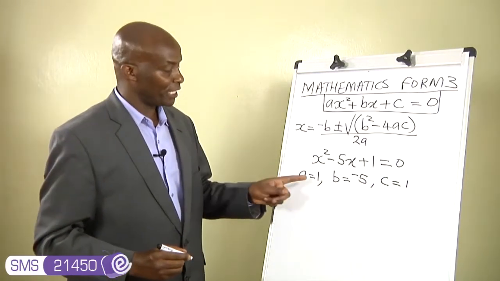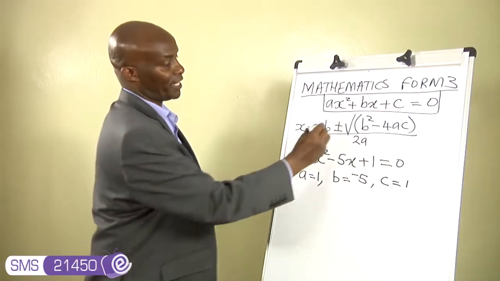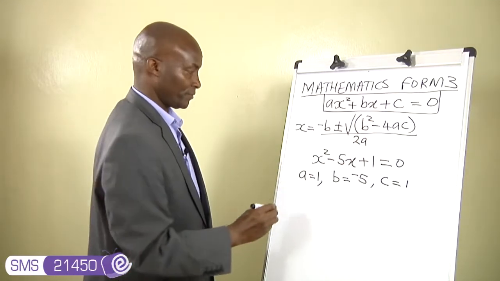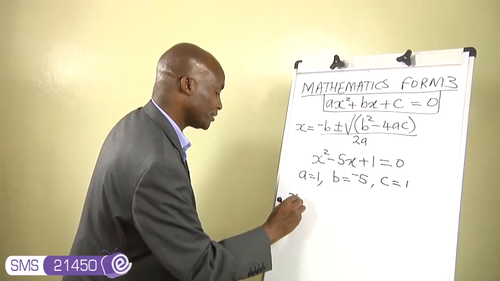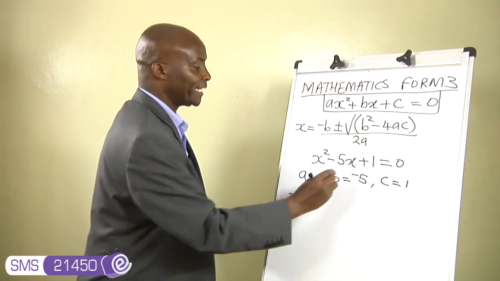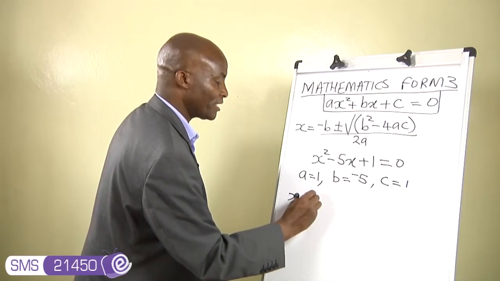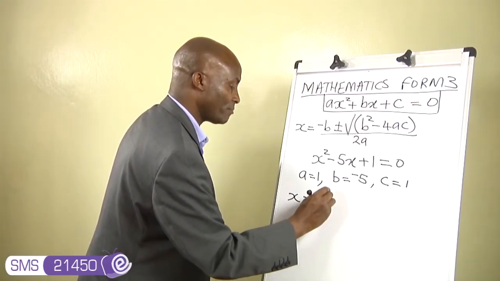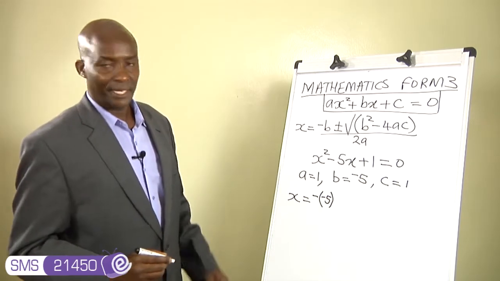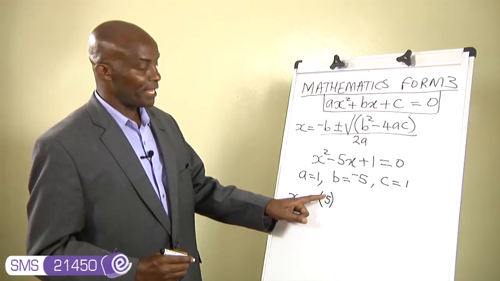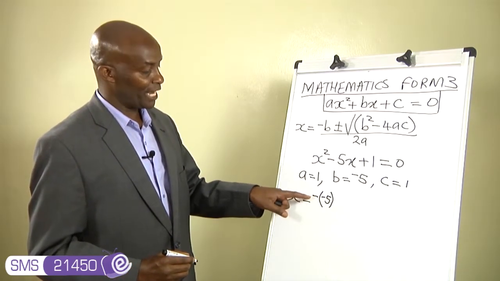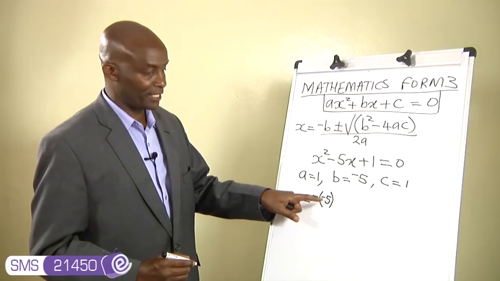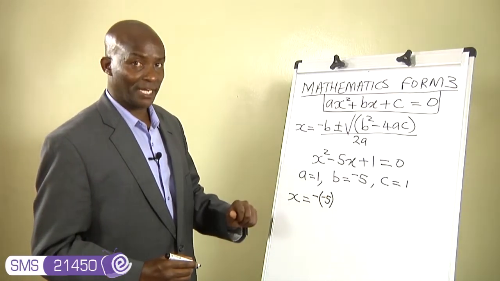So now we substitute those values in the quadratic formula. We'll have x equals negative b. I'll put a bracket because there is a negative sign before 5. You see, b is negative 5, so we have to say negative, then put a bracket, and then negative 5.